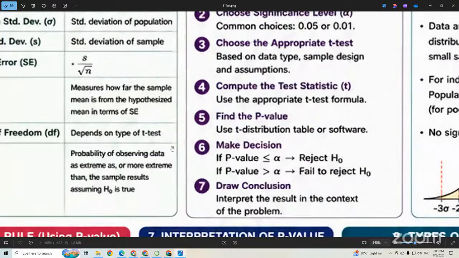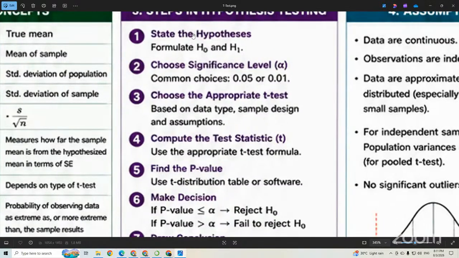So these steps we have already discussed. The same steps are here, but the new thing is the third step: choose the appropriate t-test, based on the data type, sample design, and assumptions, because there are three types of t-test.